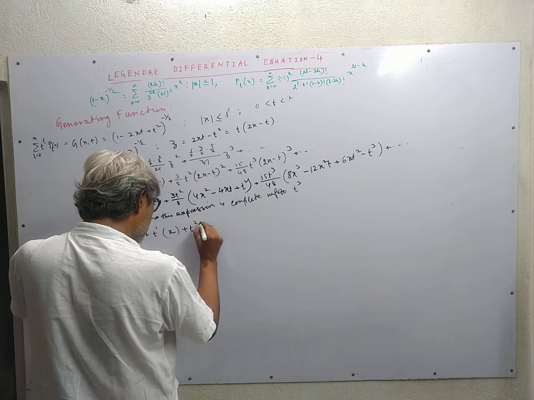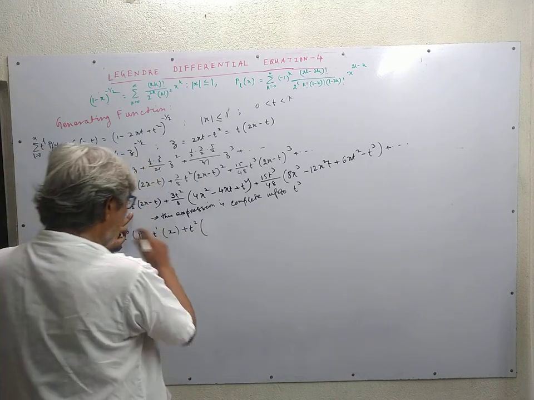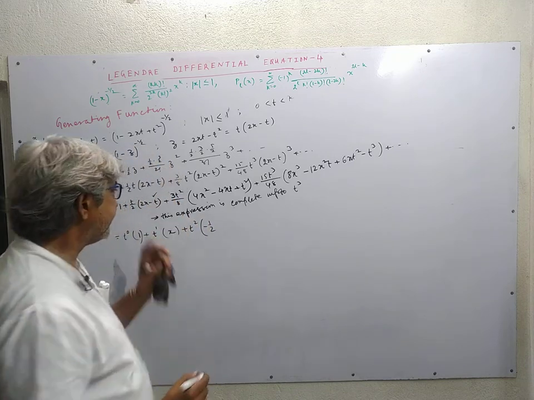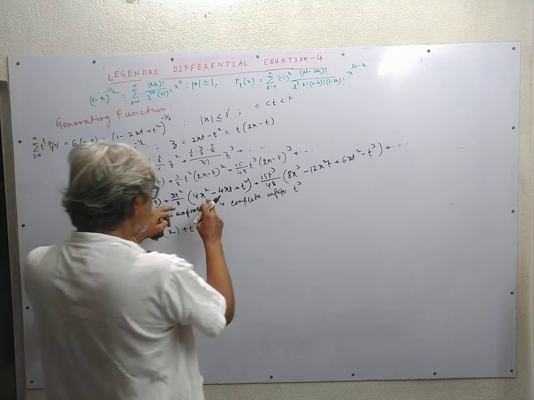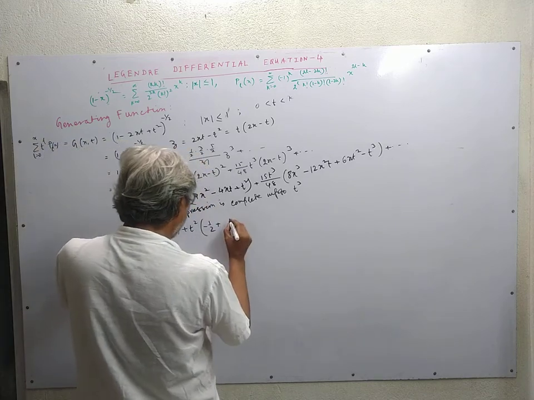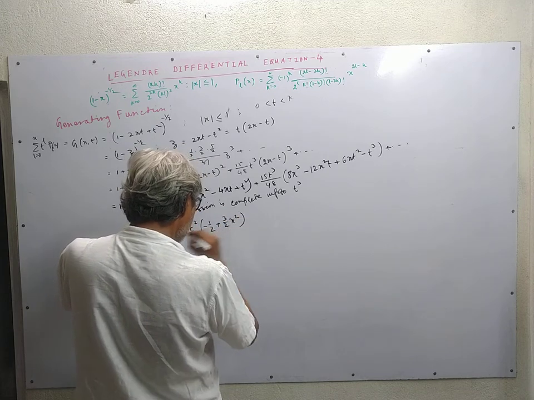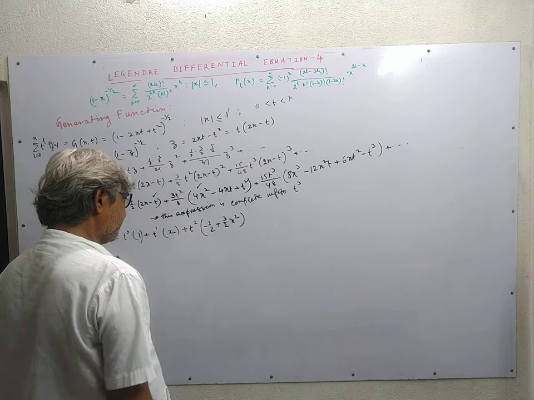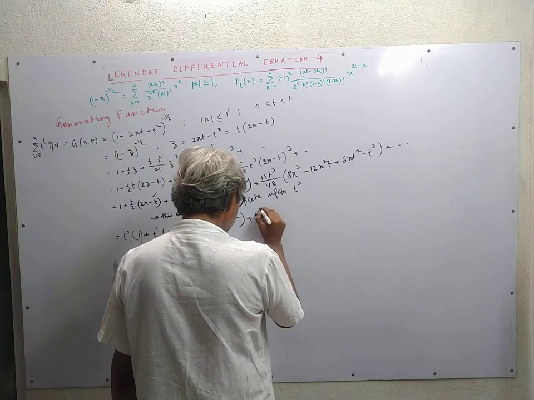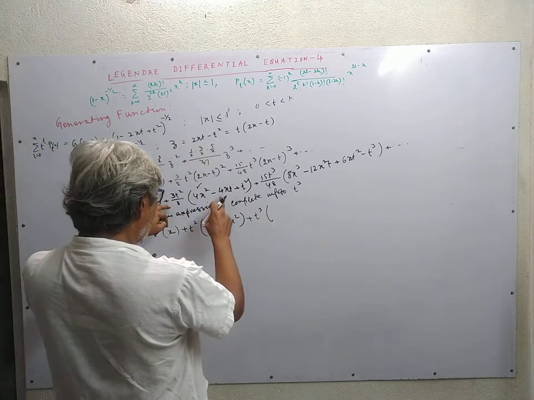Now coming to t square, there are two contributions. One is minus half from this term, and another contribution to t square is this, plus 3 by 2 x square. Now coming to t cube, there is a contribution to t cube.